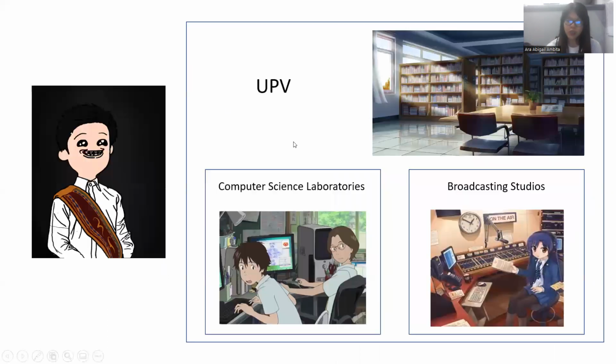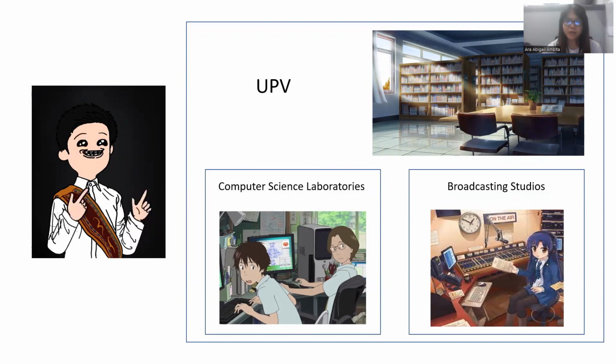You can think of scope and lifetime as your access to the computer, access to services within the universities. So there are computer laboratories, there are broadcasting studios, and there are also libraries. You as a computer science student are able to access the laboratories in the computer science department.